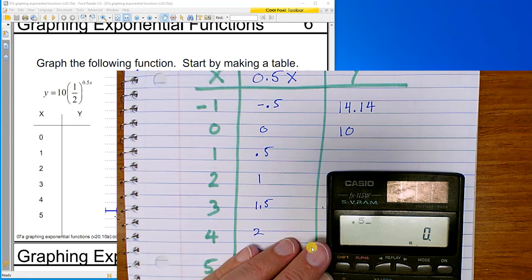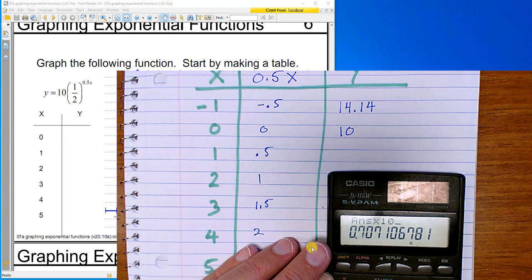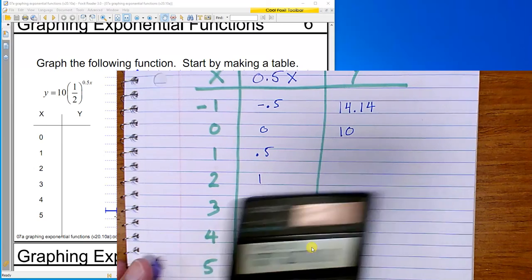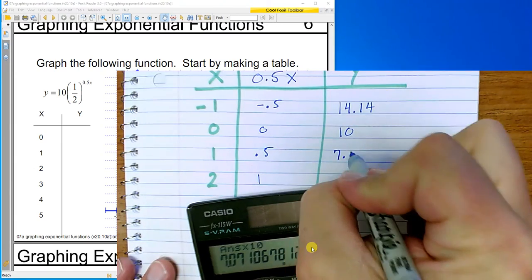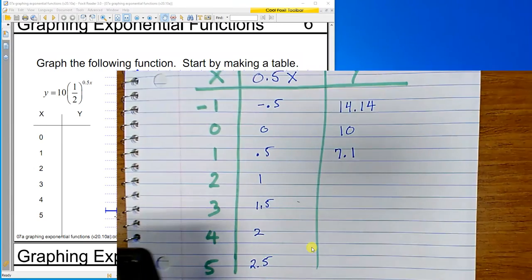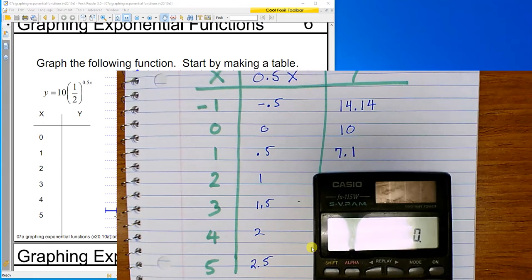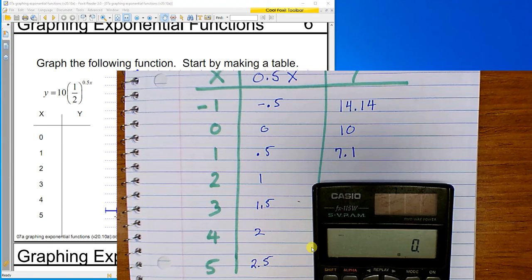One half raised to the 1/2 power times 10, 7.1. One half raised to the 1 power times 10 is 5.